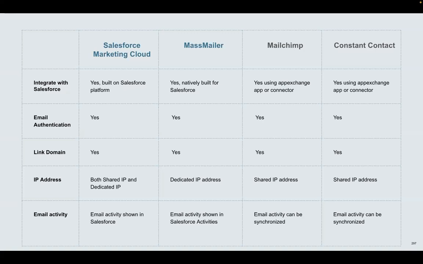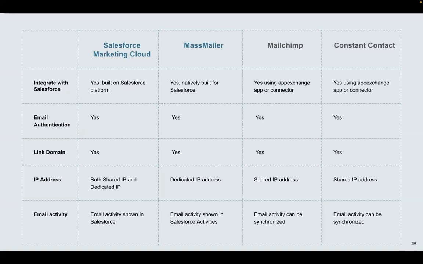So we provide only dedicated IP addresses for all plans that we have. With MailChimp and Constant Contact, you get a shared IP address, which means you're basically sharing the domain and IP reputation between all the clients that are using the same shared IP address.